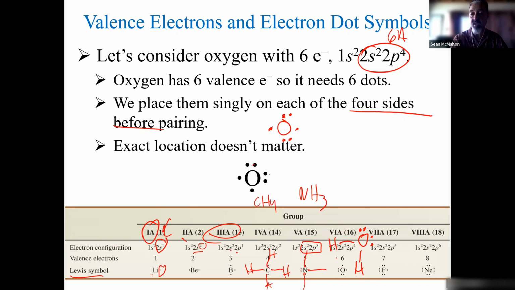We just did oxygen, right? And then last, but by no means least, group 7A, the halogens. The reason why they're so reactive is they almost have 8. They have 7. That's why they're group 7A. 2s2, 2p5, 2 plus 5 is 7, so 7 dots. They need just one more to fill their s and p sublevels to be happy and be like neon.